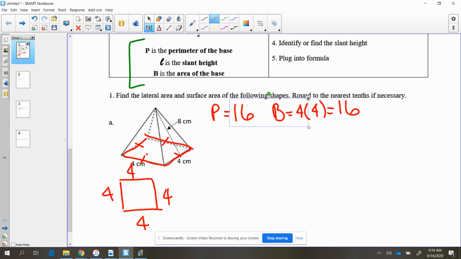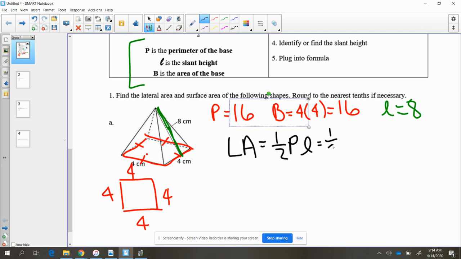Okay. Now, the slant height is being given this time. Our slant height is coming right here, and it is 8 centimeters. And in order then to find the lateral area, we need to take 1/2 the perimeter of the base times that slant height. So half of 16 times 8 is going to be 64 square centimeters.